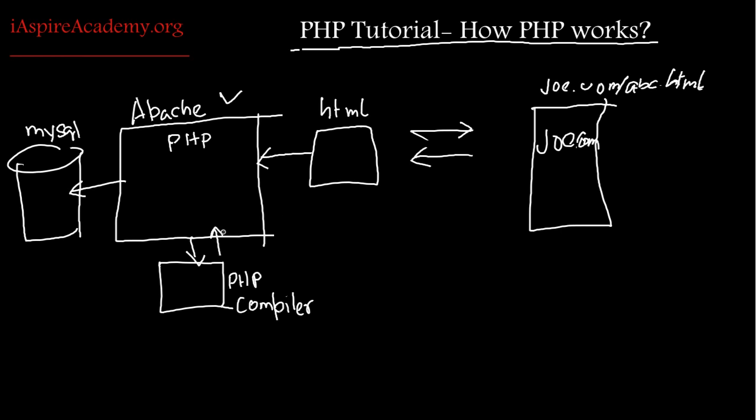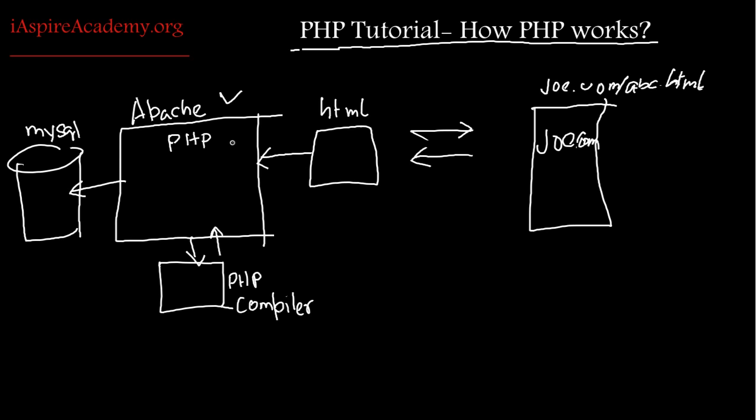Apache has the PHP process within its memory space, within the main Apache process, as long as you have the PHP compiler installed. So Apache would run the PHP process within the web server's memory space.